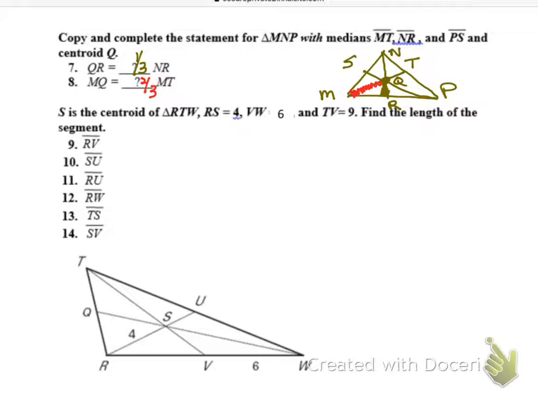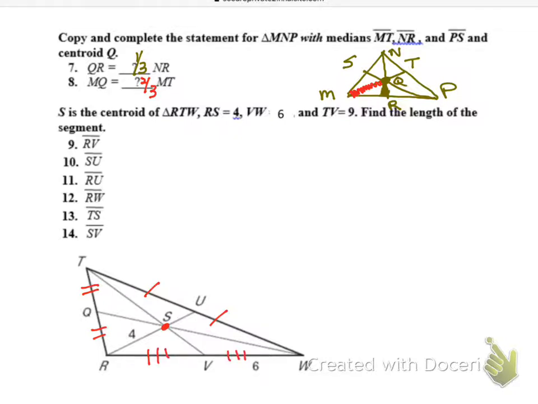Okay, we'll go on to the next question. So it says S is the centroid. So look where it is. It's right in the middle here. So this is a centroid, which means it connects the medians. So knowing that it's a centroid, I now know that this equals this equals this equals this.